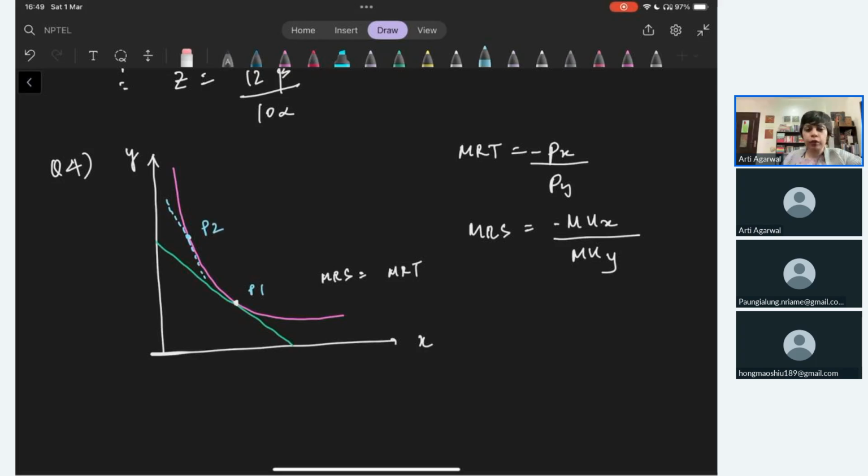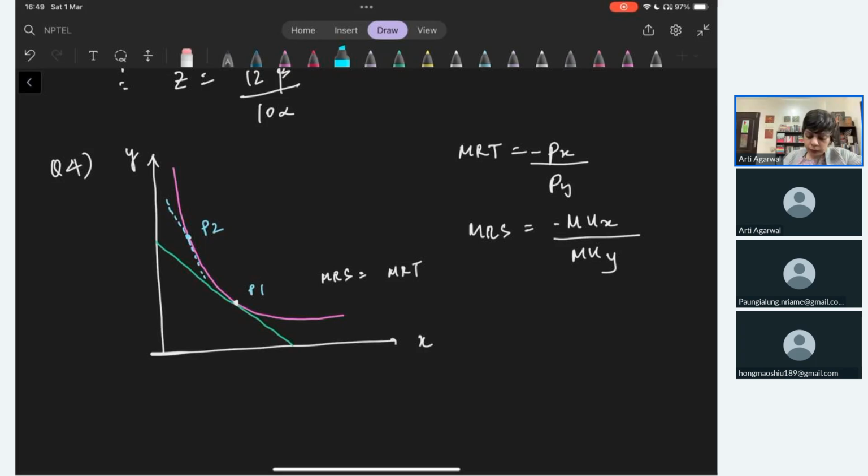At consumption point P2, you have a lot more of Y and very little of X, right? What is the consumer going to want to do? He's going to want to maintain the same utility level, but stay within the budget, because this point is making him happy but it is outside his budget constraint, right?